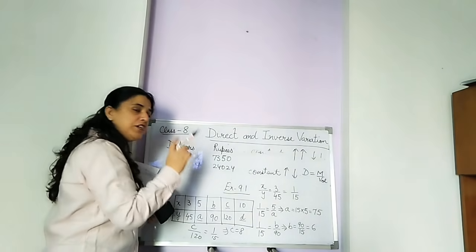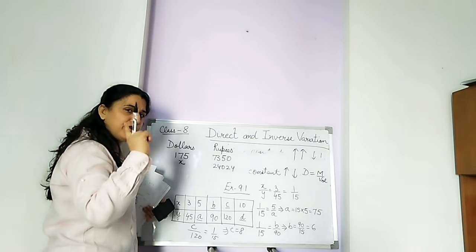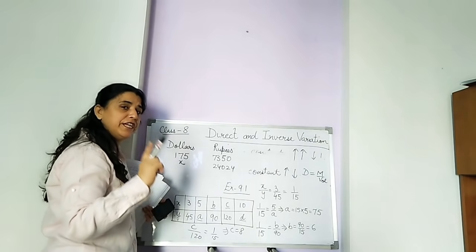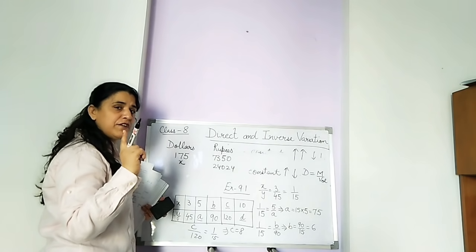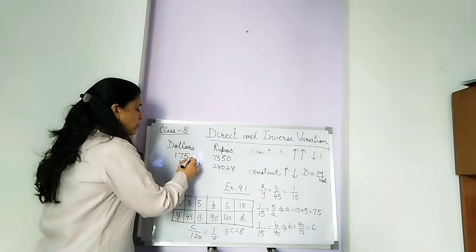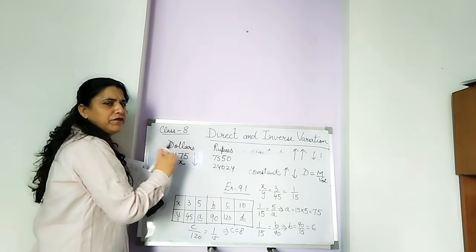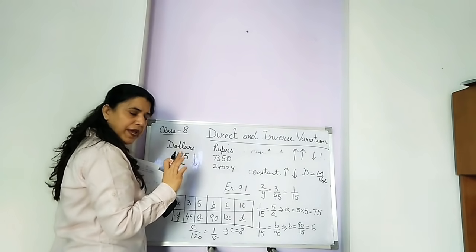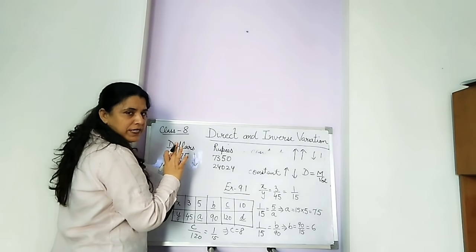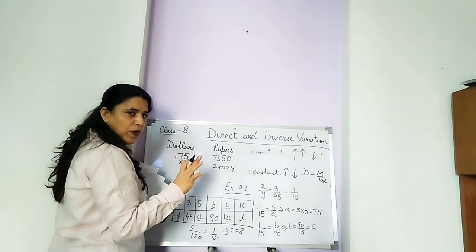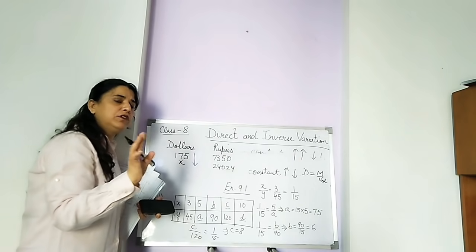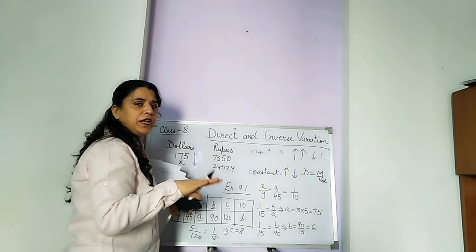When the sum is there, you should first find out what type of variation it is. If it is direct variation, please students, the first arrow always put towards X. Now the first arrow I am putting towards X. If it is direct variation, you don't see whether it is increasing or decreasing.